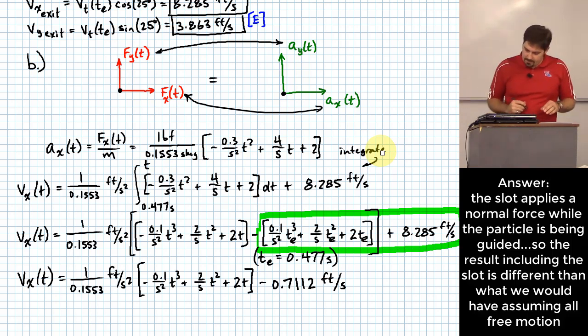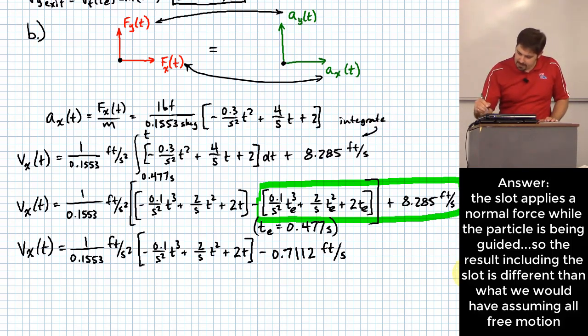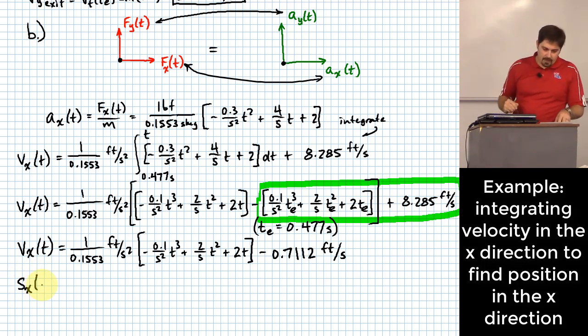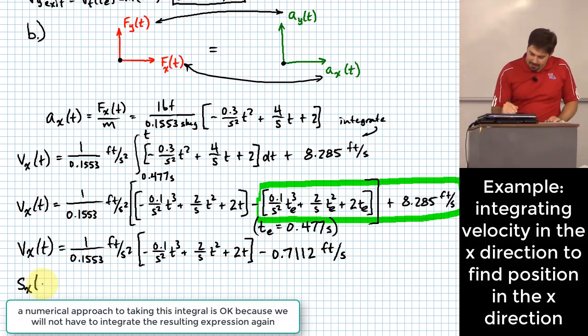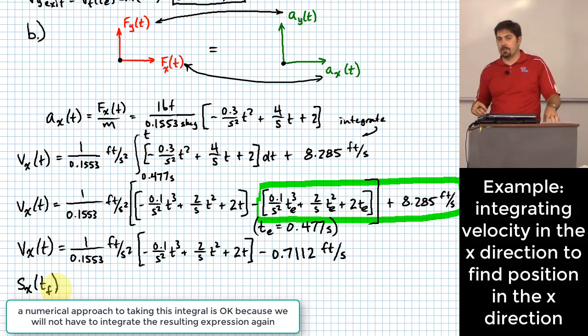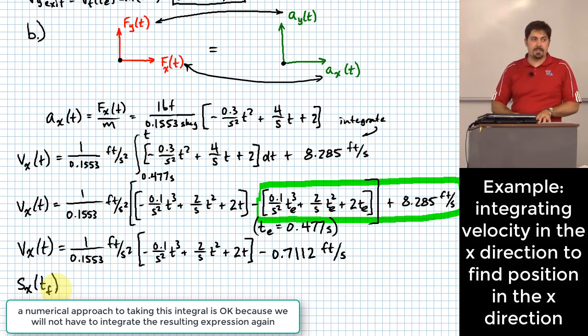All right, so what we need to do next is we need to get the position, right? And we don't have to go anywhere past this position in the x direction. If you're doing these problems with the Casio calculator, the Casio has the ability to evaluate integrals at particular points in time.